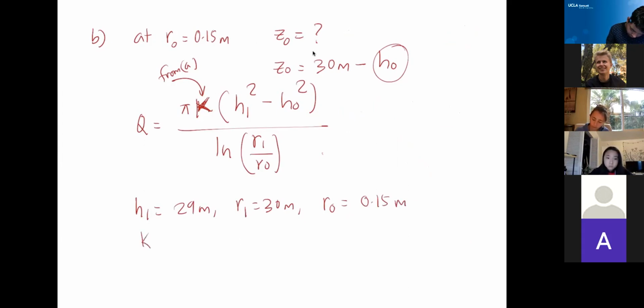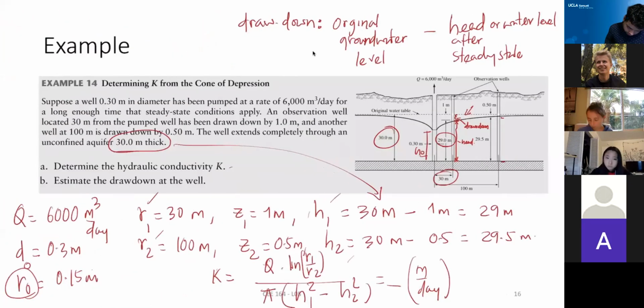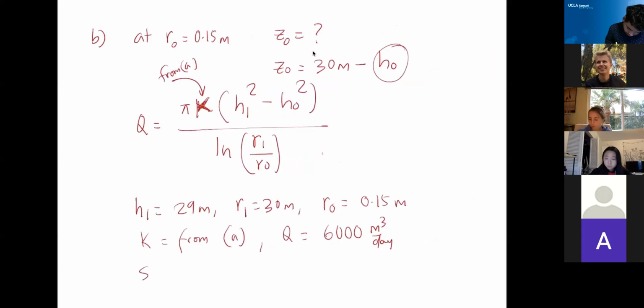You know K from A. Q is given, 6,000 meter cube per day. Solve for H0. If you solve for H0, you should be able to calculate G and calculate G0.